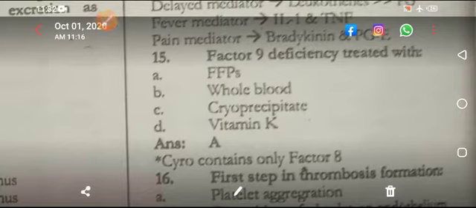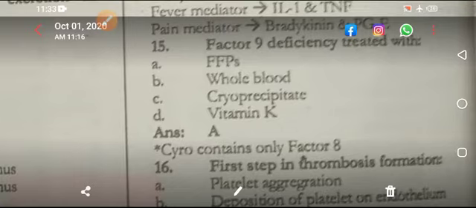But if there is factor 8 deficiency or von Willebrand disease and there is mild bleeding, the answer is desmopressin, because it releases factor 8 from the endothelial cells.